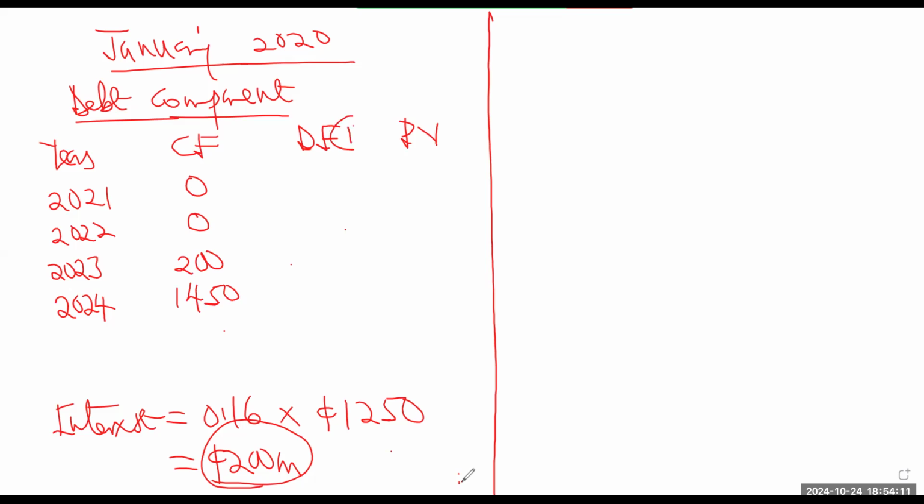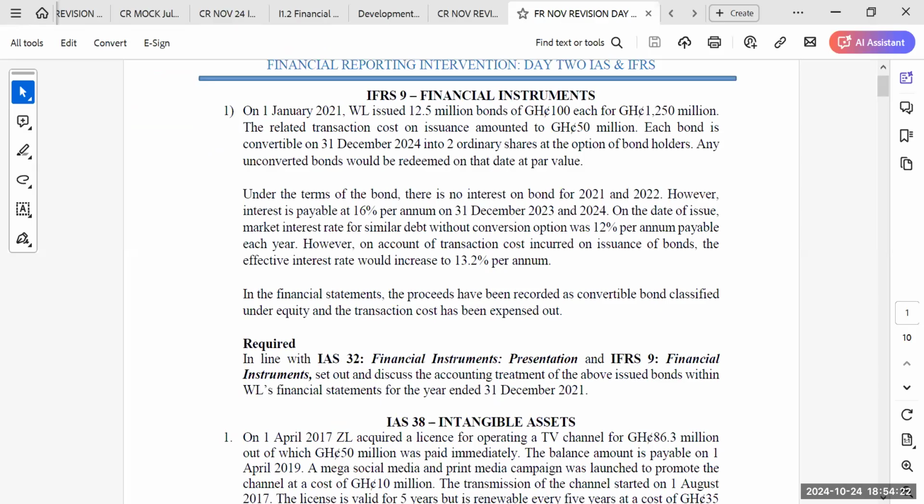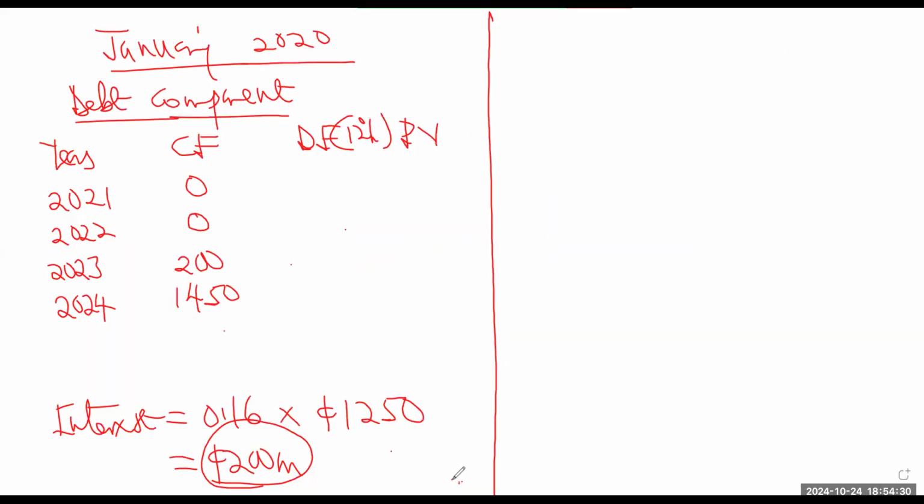So let's come here. Our interest rate will be 12%. We use the rate of a similar bond without conversion. And that will give us 12%. Then what are we having? What is the discount factor for the first year? 0.8929.